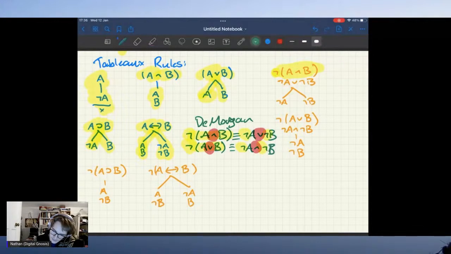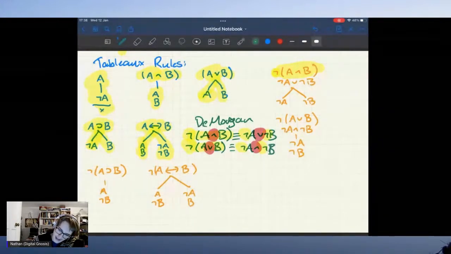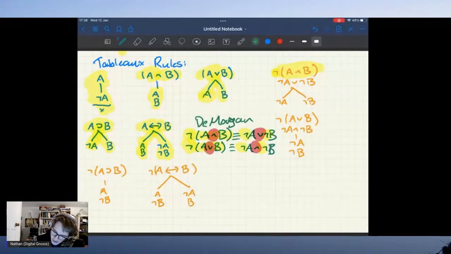So in this case of not (A and B), De Morgan's law means that that's just equivalent to not A or not B, where the not has been distributed over A and B, and our and has flipped to an or.